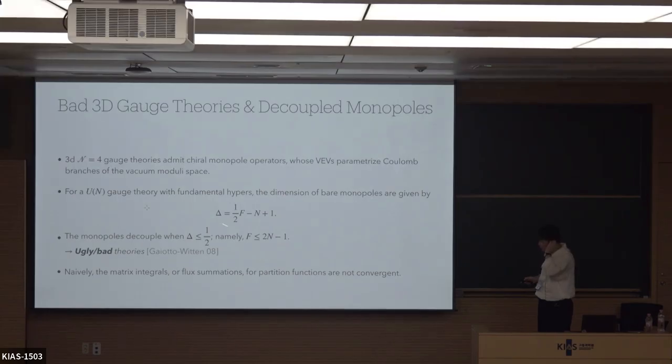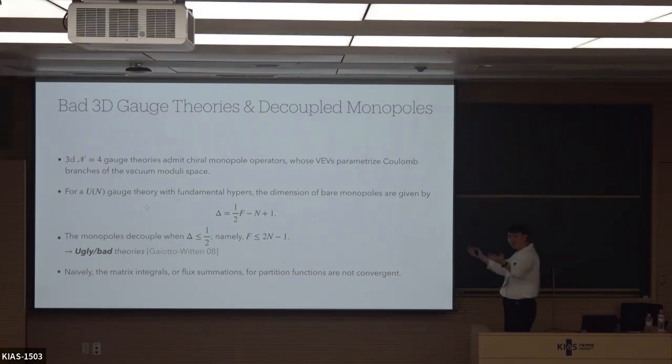And as you can see, if we have a small number of flavors for given gauge rank, the dimension of the monopole operator becomes negative or smaller than 1/2. Okay? And in this case, we know the unitarity is violated, and we call such a case an ugly or bad theory. So it doesn't mean that the theory is ill-defined.